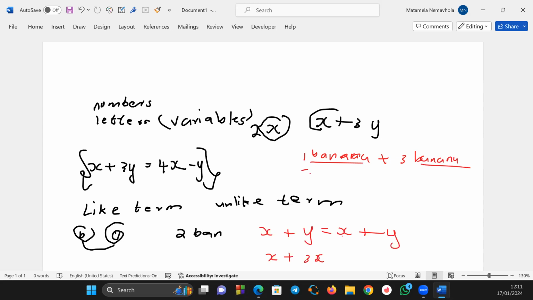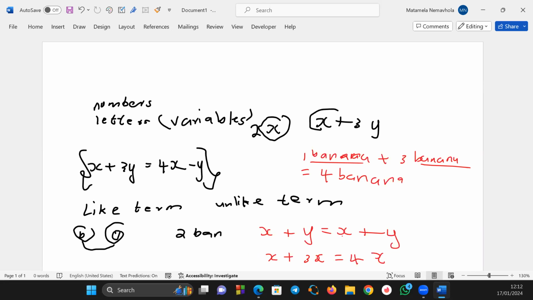You can say I have 4 bananas: 1 plus 3. The same way, when you have x and y, it's just that we're gonna be using variables. So x plus 3x is going to give you 4x. Why are we adding? We are adding because they are like terms.